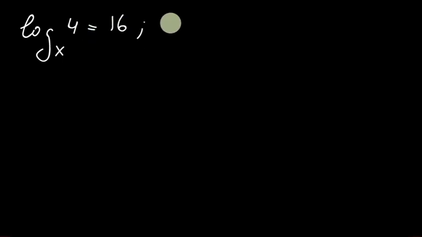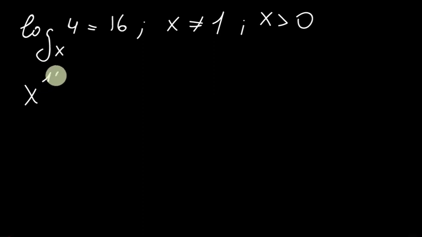Now it's important to say that x is not equal to 1 and x is more than 0. Now to get x, we use our main logarithmic property, and we get that x to the 16th power is equal to 4.